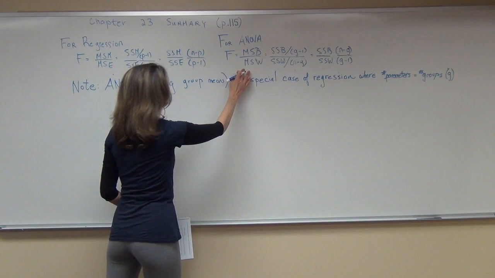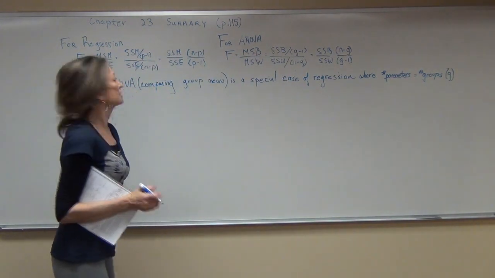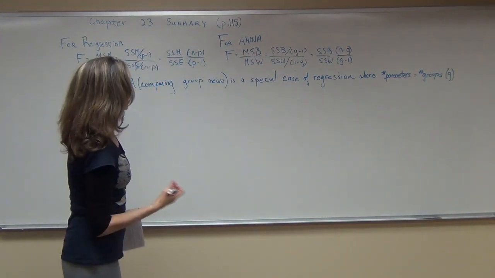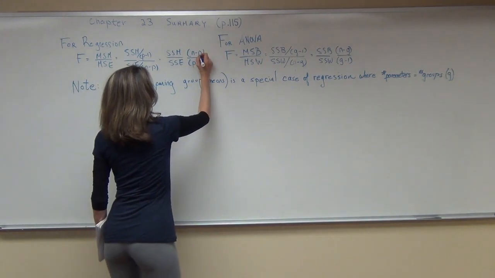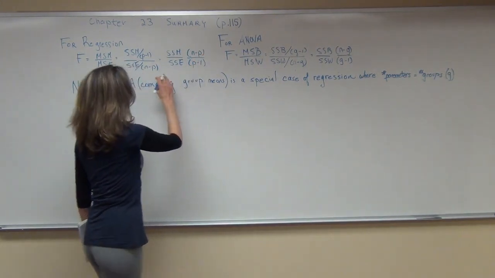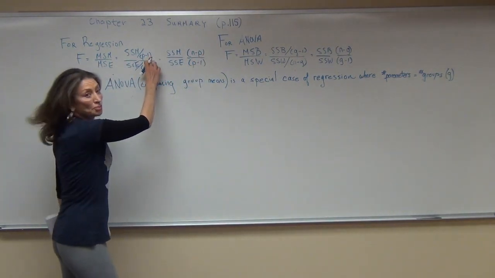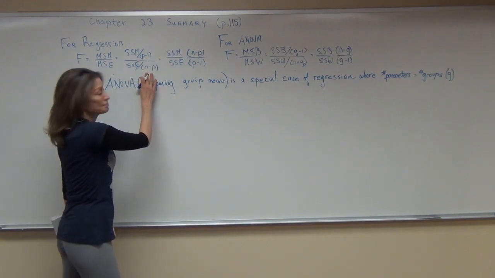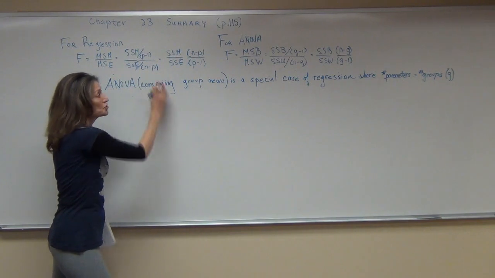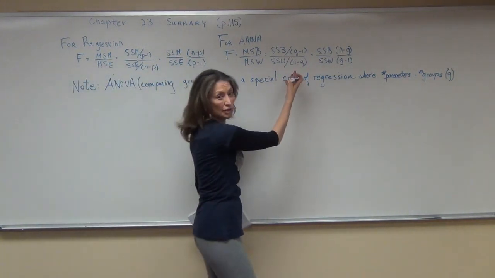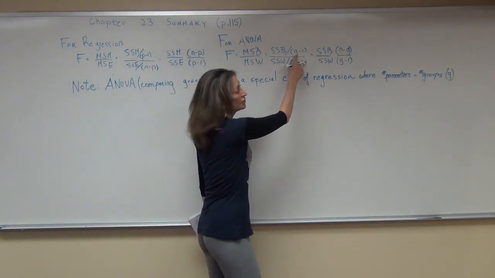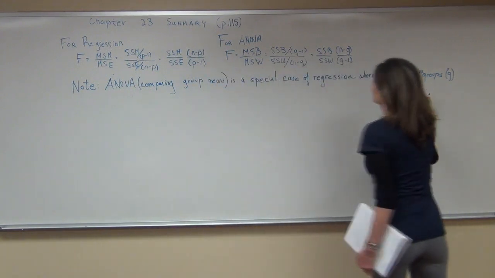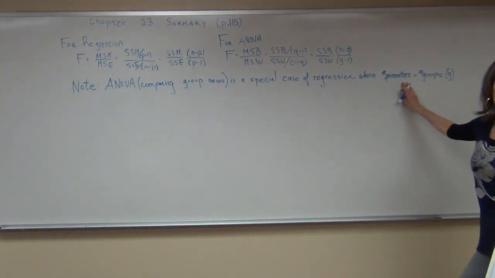What jumps out as different is the degrees of freedom: for the model it's the number of parameters minus 1, and for the errors it's n, your sample size, minus the number of parameters. Well, here for ANOVA, G, the number of groups, is the number of parameters.